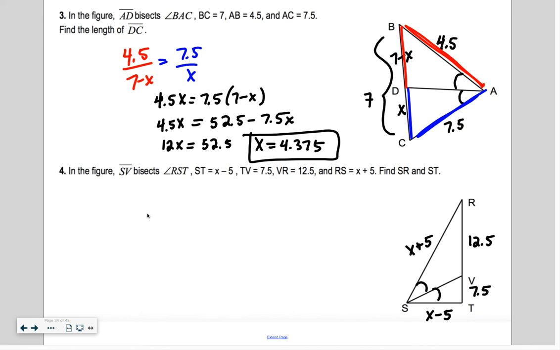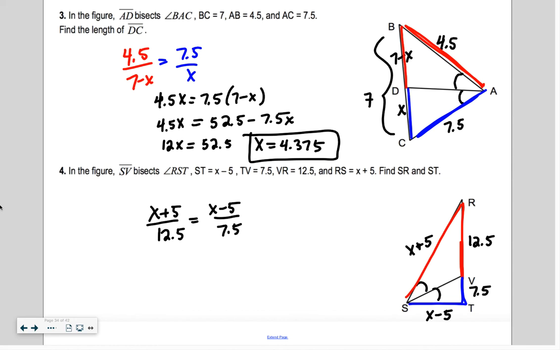So see if you can set up the proportion. So we have x plus 5 over 12.5 equals x minus 5 over 7.5. Do you guys have something like that?